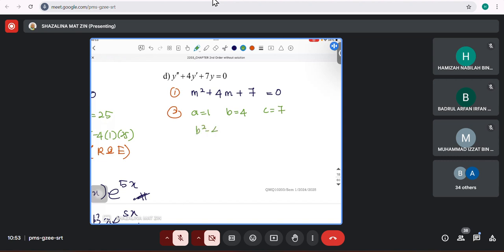Your b square minus 4ac is negative 12. Negative 12 is less than 0, which means your value of m is a complex number root.